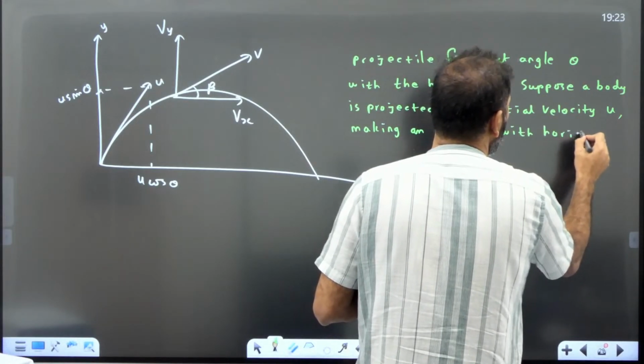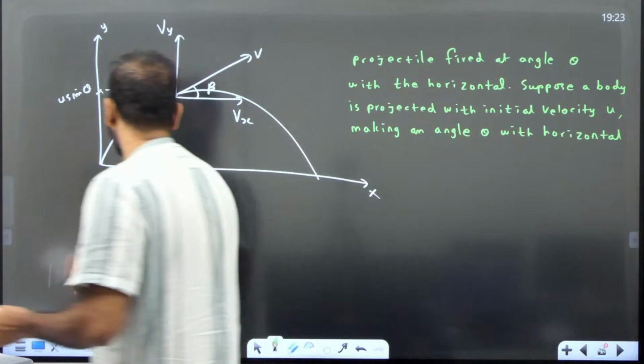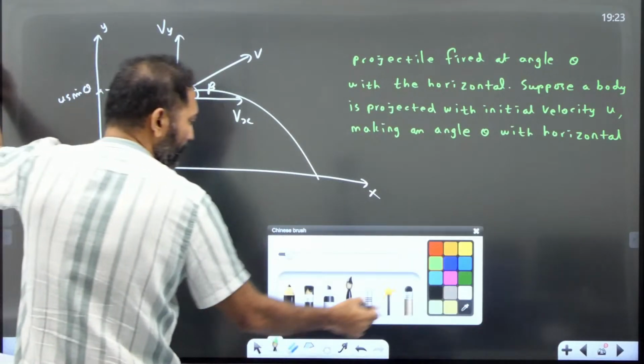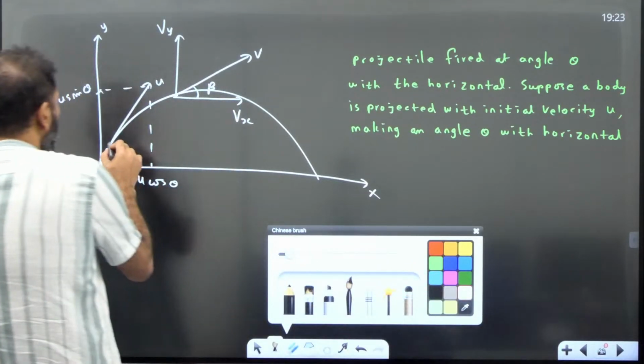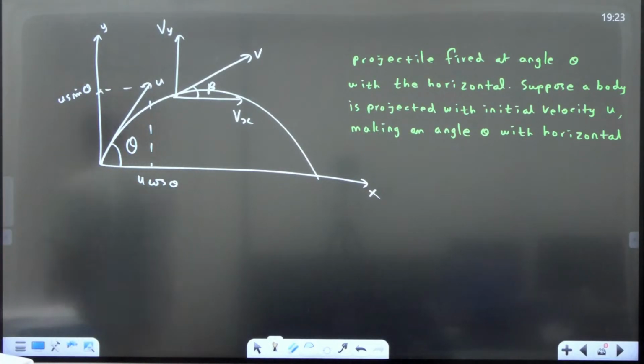Initial velocity u is making an angle theta with the horizontal. Sorry, I forgot to show that angle. Initial velocity u making an angle theta with the horizontal.